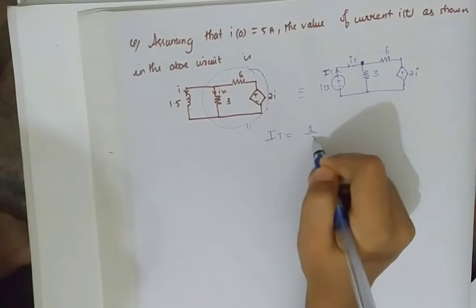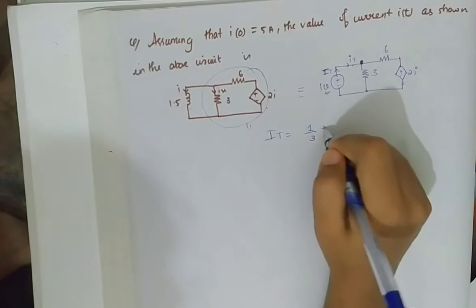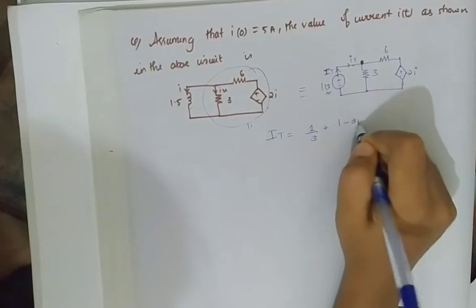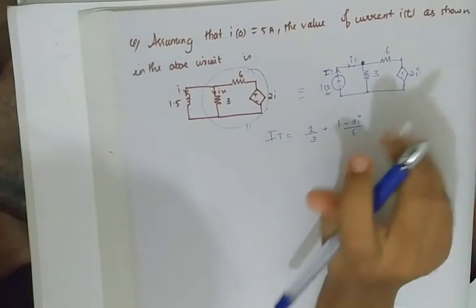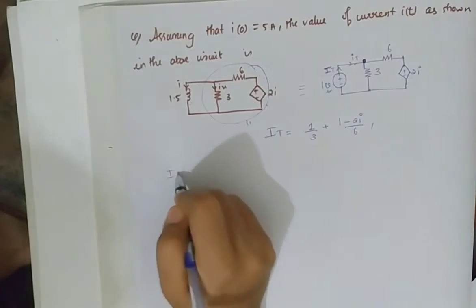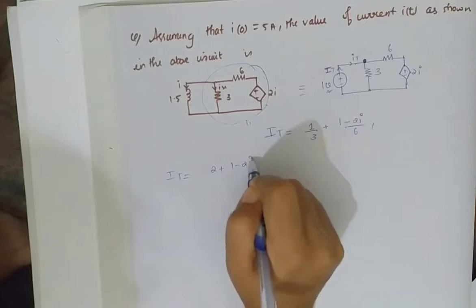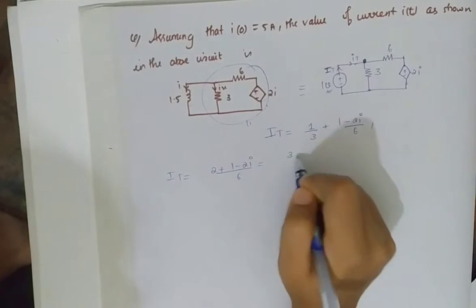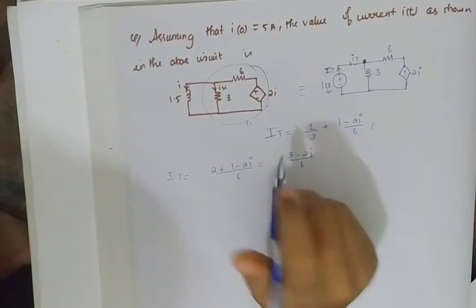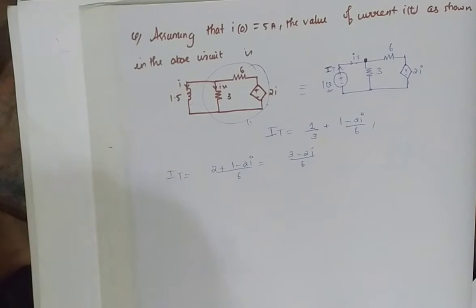So 1 divided by 3, because it is 1 volt over here, plus 1 minus 2i divided by 6, right? So from here we will take the LCM. We will get IT is equal to 2 plus 1 minus 2i divided by 6, or 3 minus 2i divided by 6. Okay. So what is the relation between I and IT?